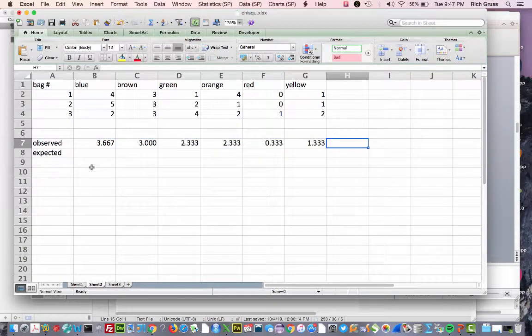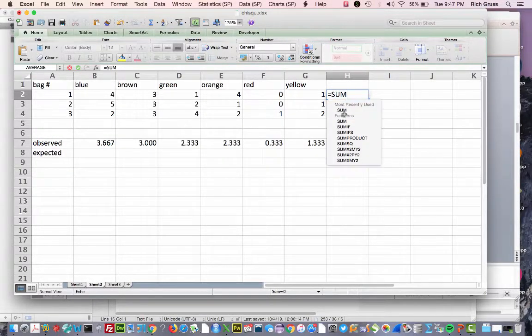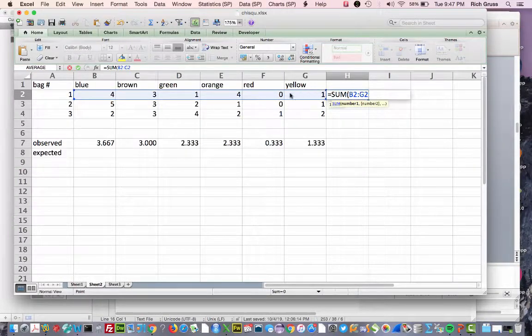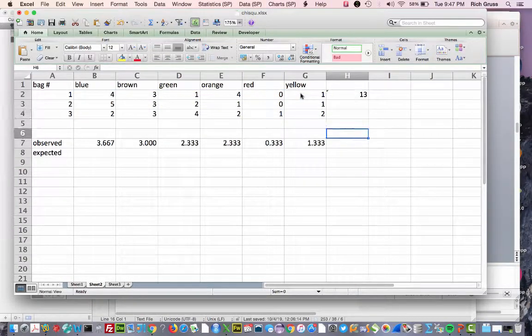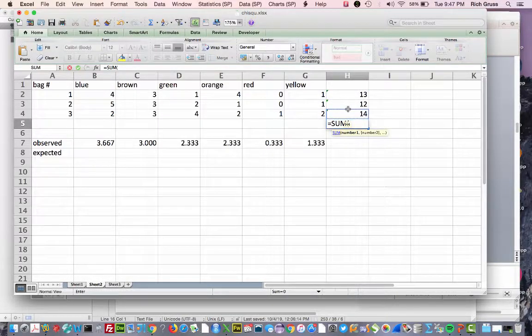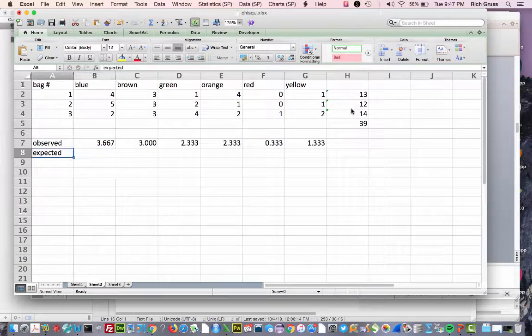And so in order to find expected, we have to know the total number that we had. So we would sum the number in each bag, and then at the end just take the grand sum, the total number that we had. So there were 39 in all here in my imagined scenario.